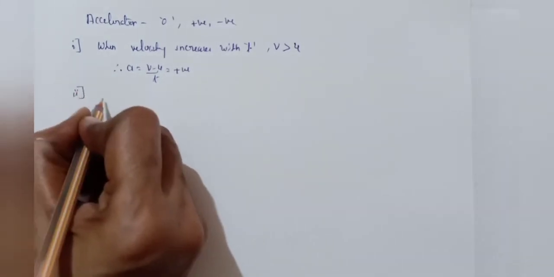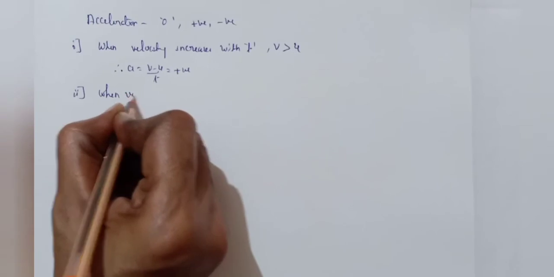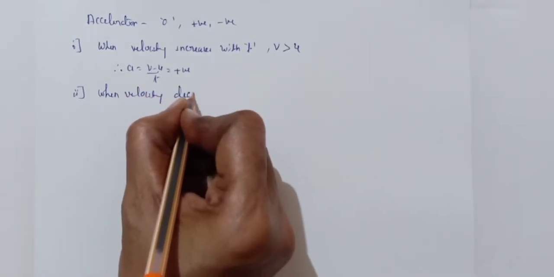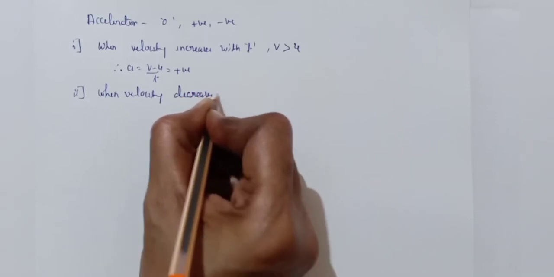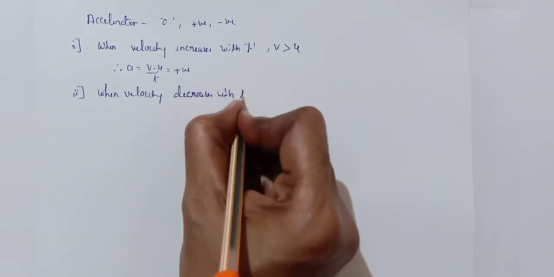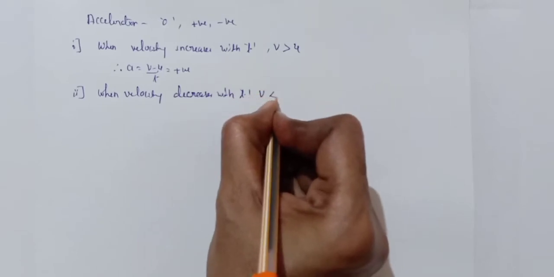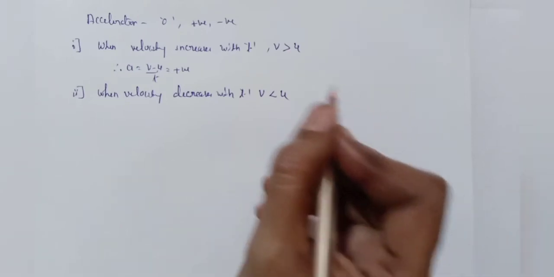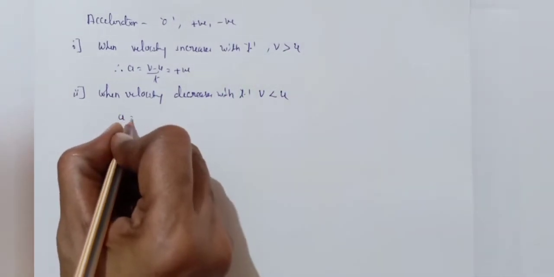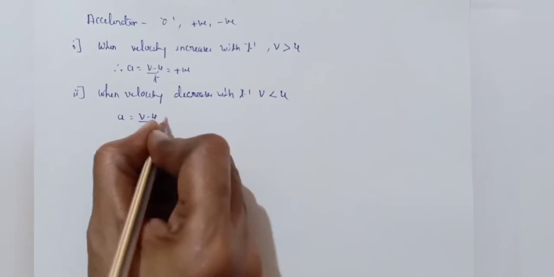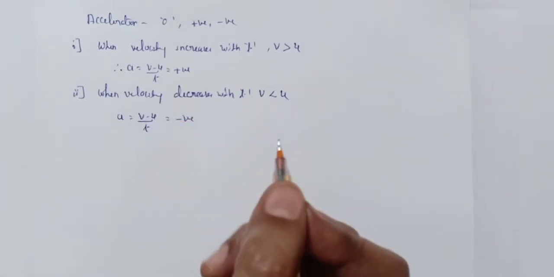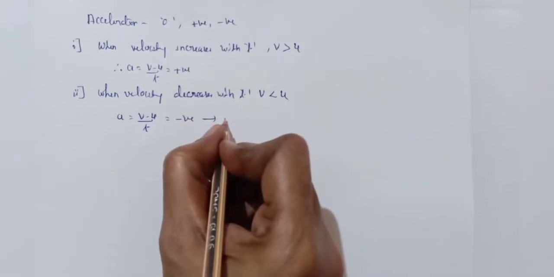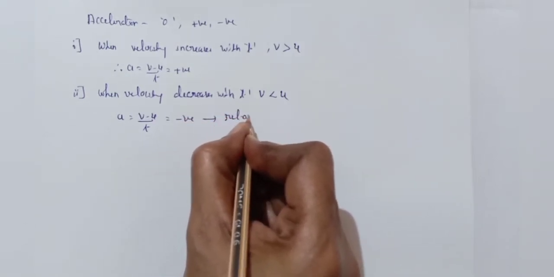And when the velocity of the body decreases with time, then the final velocity is less than initial velocity. So when the final velocity is less than the initial velocity, then the acceleration is negative. So this acceleration is called negative acceleration, and it is also called retardation.